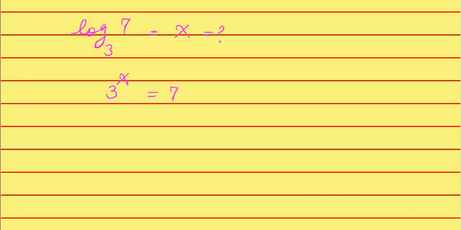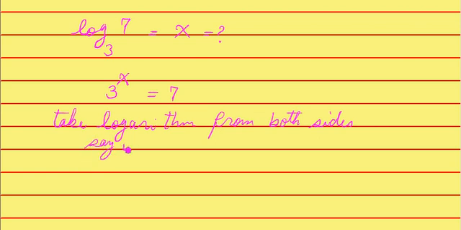Now I say let's go ahead and take logarithm from both sides. If you want to take a logarithm, you have to decide what base you want to use. But that's up to you. If you want to use base 10, base e, or whatever base is comfortable to you. Let's use base 10.